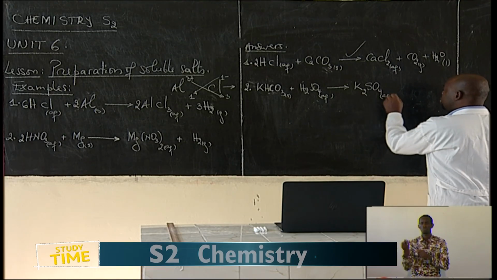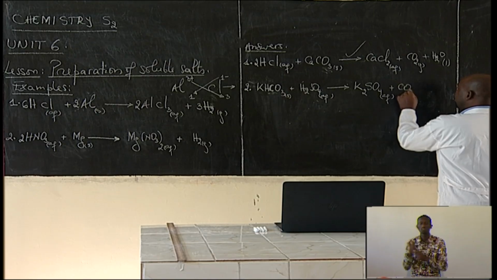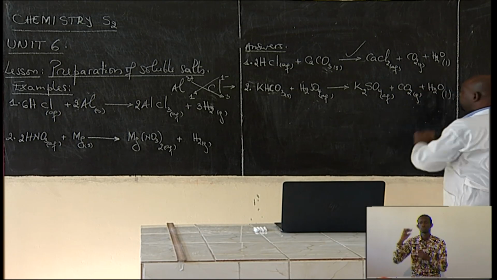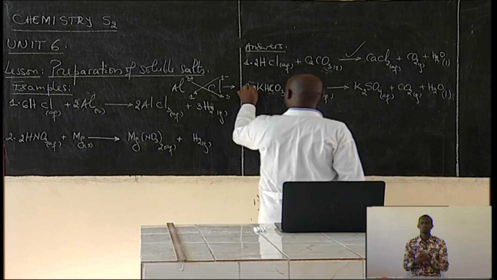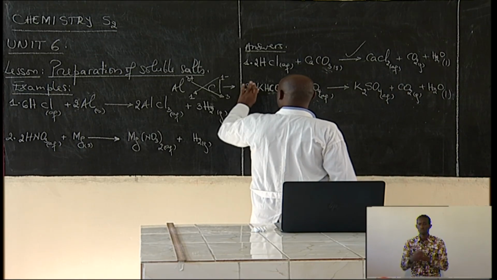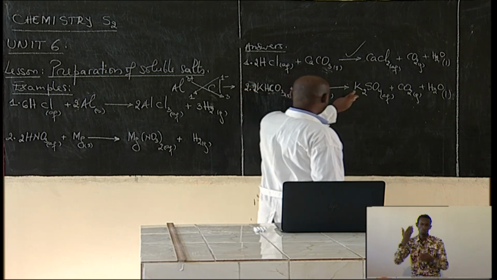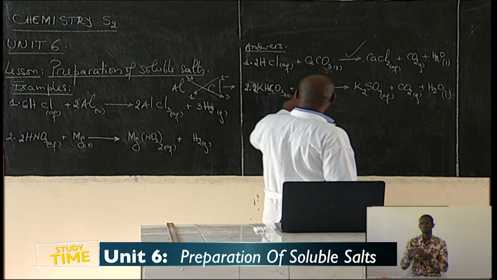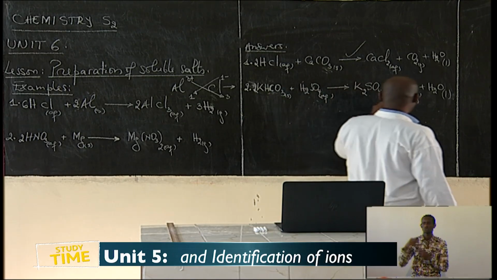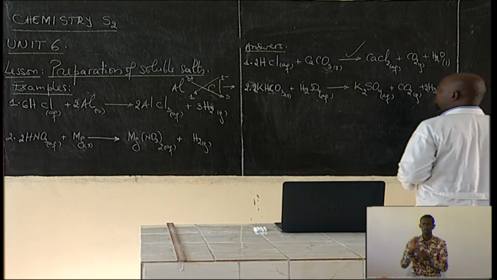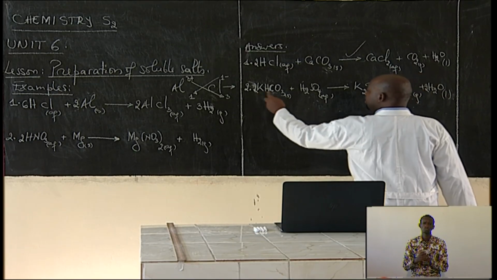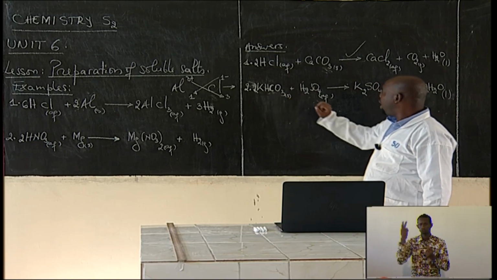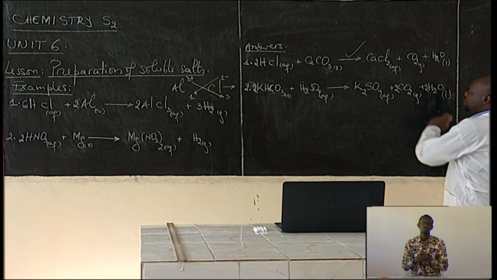It is a soluble salt plus carbon dioxide gas and water in liquid state. Is it balanced? No. Here we have 2, so we put 2 here to have 2 potassium, and here we have 2 hydrogen atoms, 2, we have 4, so we put 2 here. And for the carbonate ion, we also have 2. We have 2 hydrogen carbonate ions and 2 carbon dioxide.